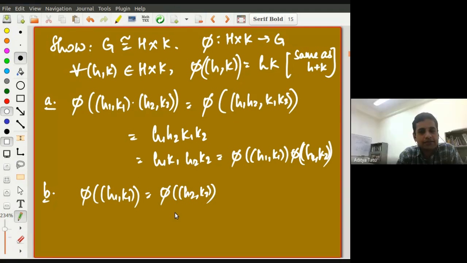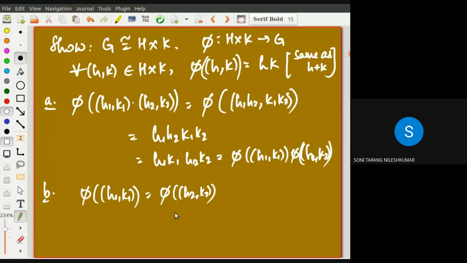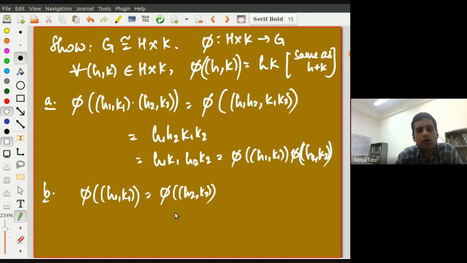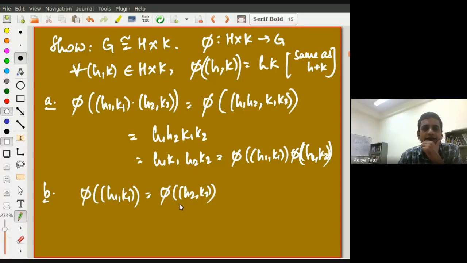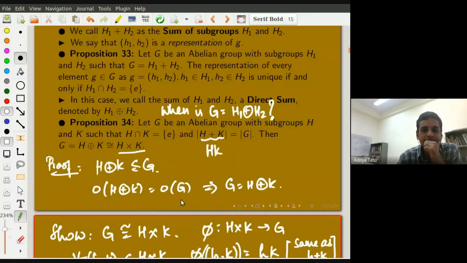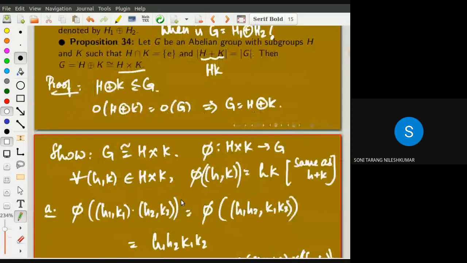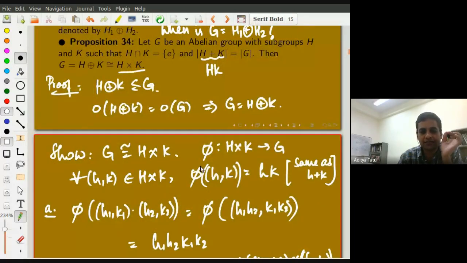No, once again. Sir, as H intersection K is the identity element, that's why H plus K will be the unique representation of G. Why? Sir, we proved it last time. What did we prove? Sir, I want to show that phi is one-to-one, right?